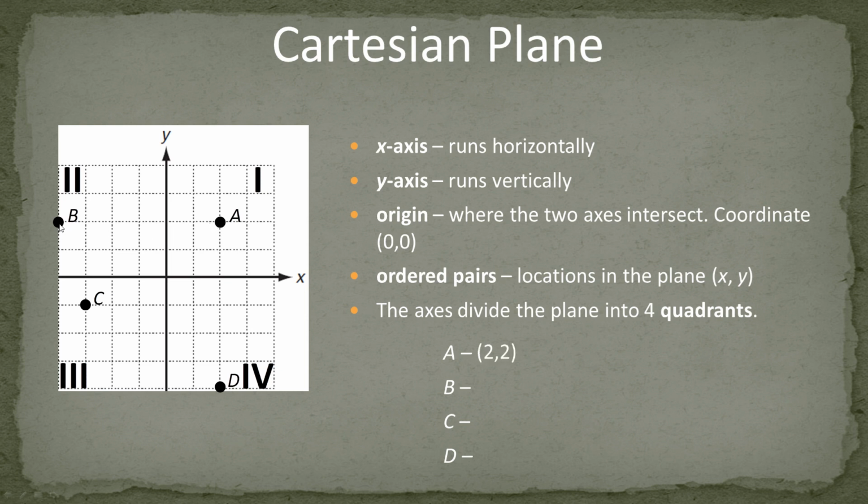Let's find B. B is 1, 2, 3, 4 positions to the left and 2 up, so that would be -4, 2. C is also to the left, so it's negative x-coordinate and negative y-coordinate. It only goes 1 down, so it's going to be -3, -1. And D is 2 to the right and 4 down, so that's going to be 2, -4.